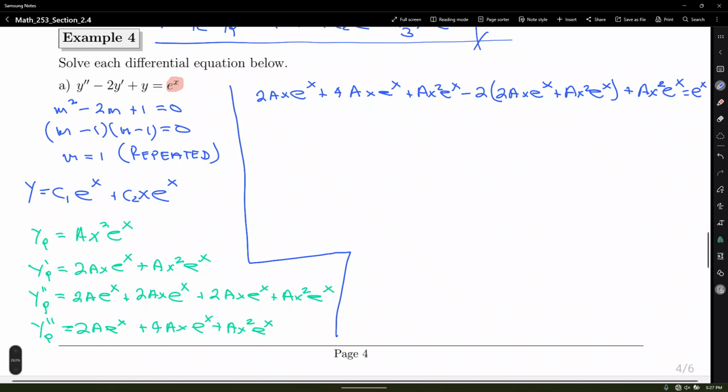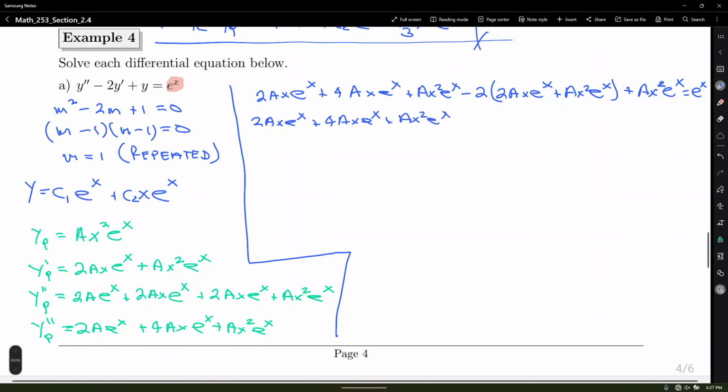Guys, the rest of the problem is just algebra, again managing all of these terms carefully. So let's distribute. The first three terms just remain there: 2a e to the x plus 4ax e to the x plus ax squared e to the x.